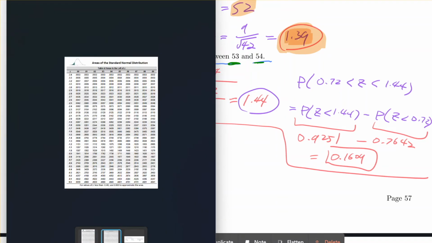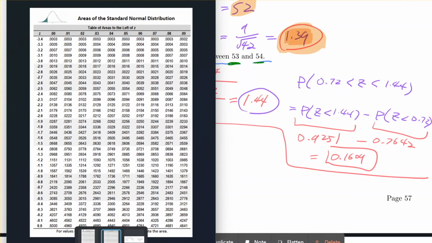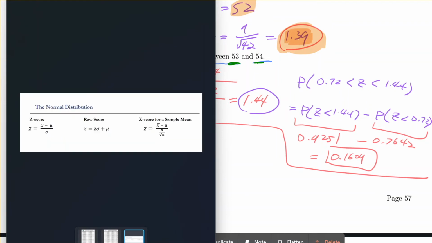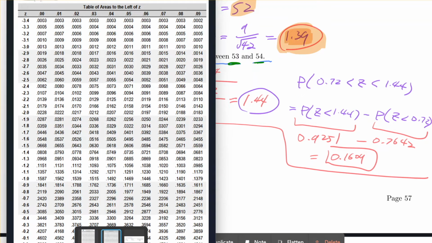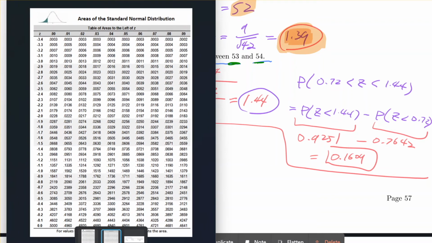So here again, area is given. Area is 0.45. Where's 0.45? It's right here, negative 0.13.